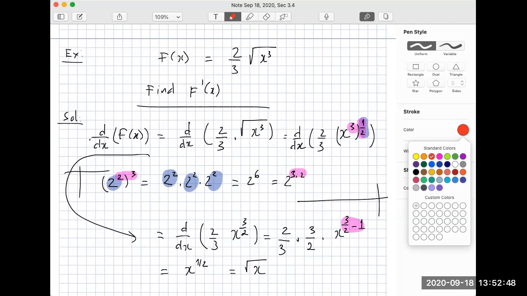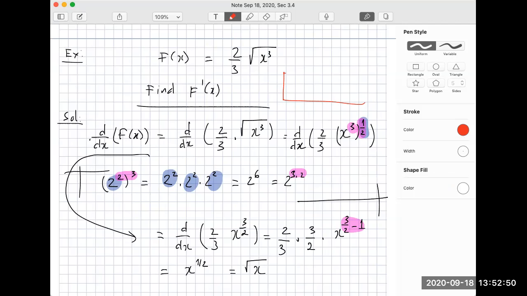Let me remind you about the domain of this one. We see that the domain of this is the things under the radical sign should be positive. It means x cubed should be positive, which implies x should be positive.